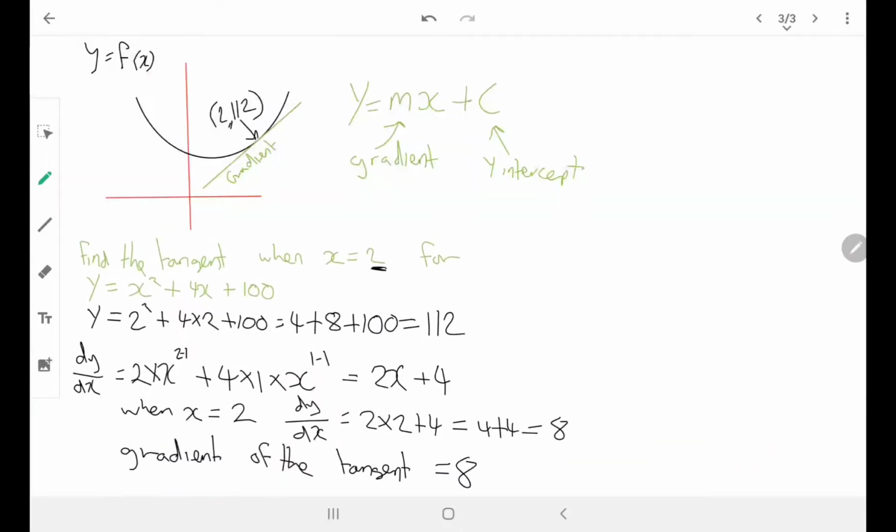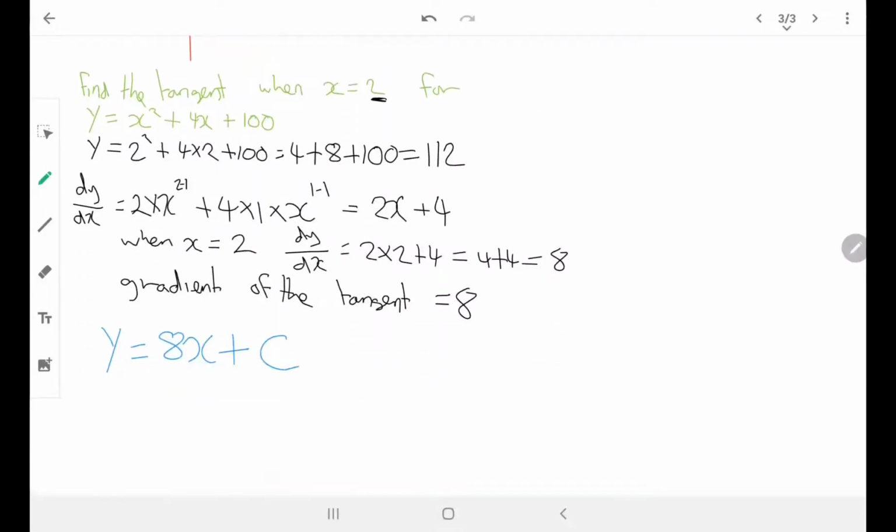So x equals 2, y equals 112. So 112 equals 8 times 2 plus c. So 112 is 16 plus c.